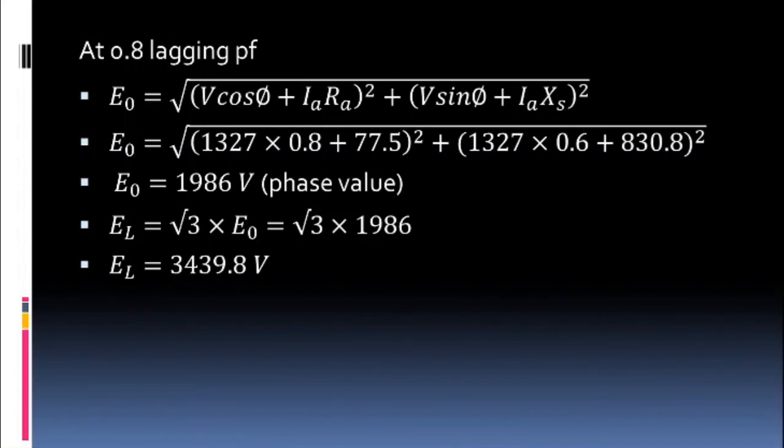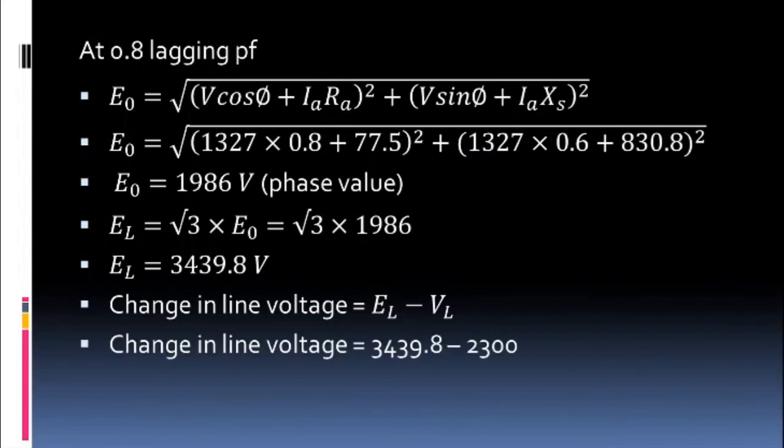3440 or 3441, okay, whatever value you are getting, and then change in line voltage. So change in line voltage means EL minus VL. तो यहाँ पे क्योंकि हमने EL कैलकुलेट किया है तो VL लेंगे हम, फेज नहीं लेंगे, VPH नहीं लेंगे, VL लेंगे. Okay. Substituting the values of line EMF induced and line voltage given, we will get the change in line voltage. यहाँ पे आपको percentage change नहीं निकालना है, आपको सिर्फ change in line voltage निकालना है.